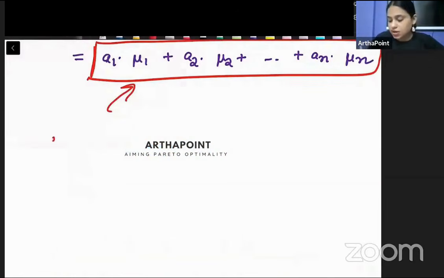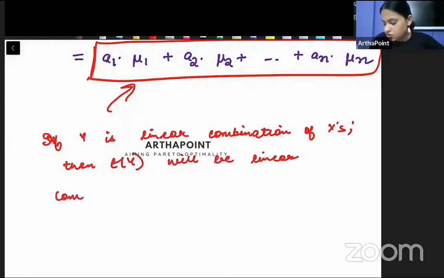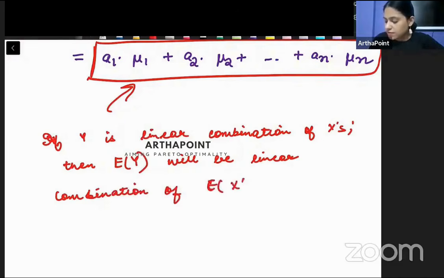So please write this down, beta, that if y is linear combination of x's, then the expected value of y will be linear combination of the mean of x's. That means of these mu's.